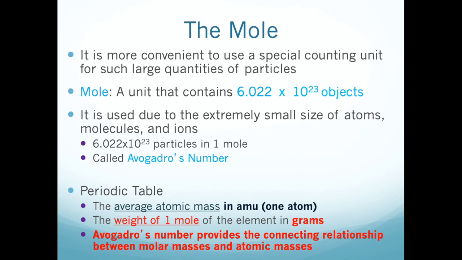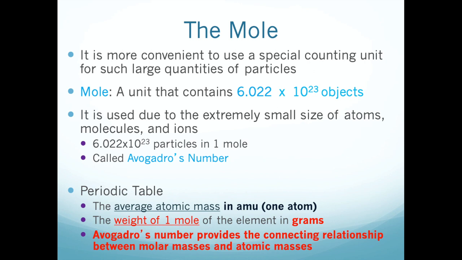You can't weigh things out in atomic mass units in your lab, but we can weigh things out in grams very easily. And since the average atomic masses in our periodic table are essentially scaled up from atomic mass units to grams now, it makes counting things out very easy if we deal with things in moles instead of just individual particles.